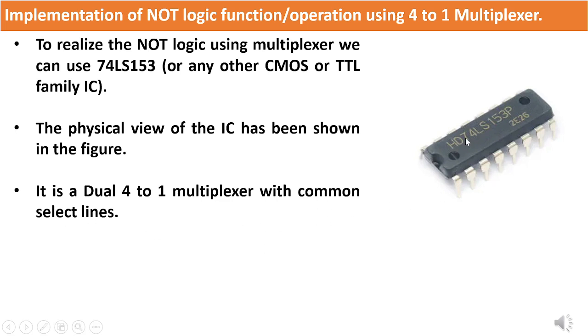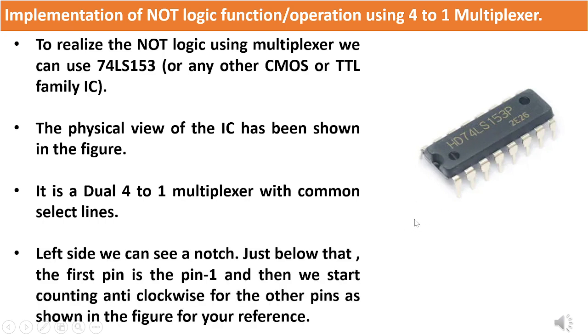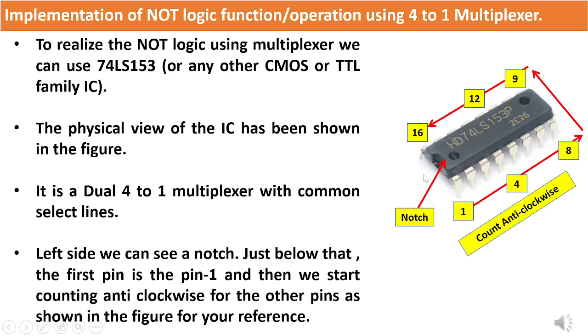This means it houses two 4-to-1 multiplexers within a single integrated circuit. On the left side of the IC, there's a noticeable notch, and just beneath it is the first pin, designated as pin 1. The pin numbering proceeds in an anticlockwise direction as illustrated in the figure provided for your reference.